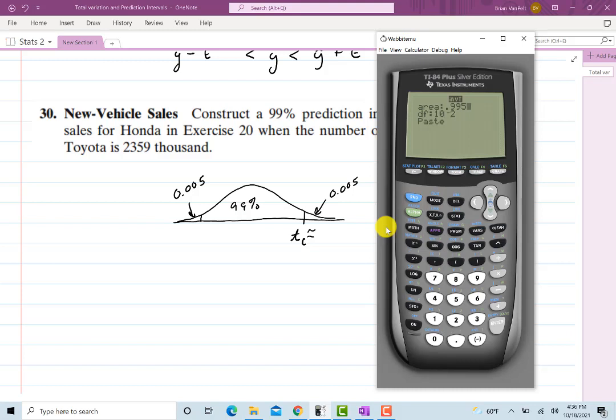And there was 11 pieces of data, so we actually want 11 minus 2 for our degrees of freedom. And I've got to watch, I've been caught many times pressing the wrong minus. Got you. And then we'll enter our way out of this thing. And it looks like if I do 4 decimal places, I get 3.2498.